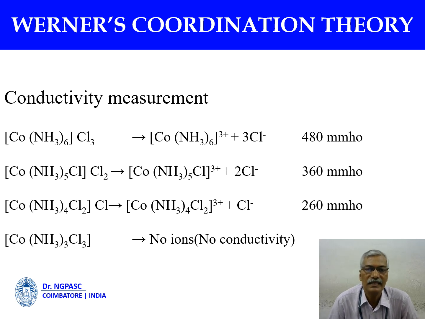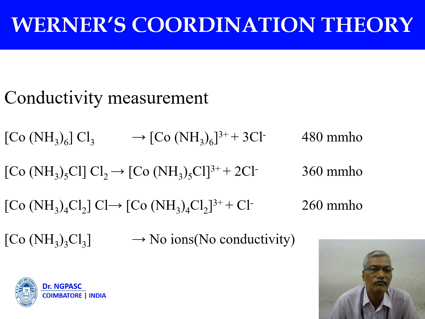On that basis, he identified that all 3 chlorine ions come out, as they are present outside the square bracket. Similarly, in compound 2, only 2 Cl- ions are present outside the square bracket. So from the number of chloride ions and the corresponding conductivity value, we found those chloride ions are not present inside the coordination sphere. They are present outside it.